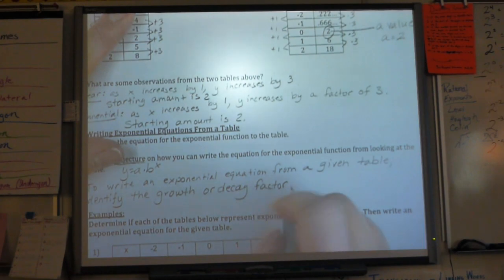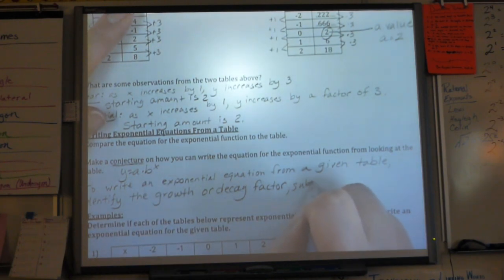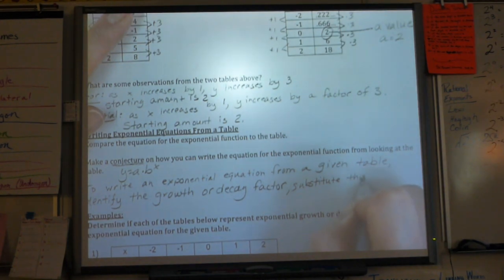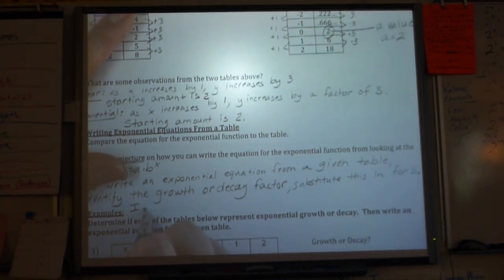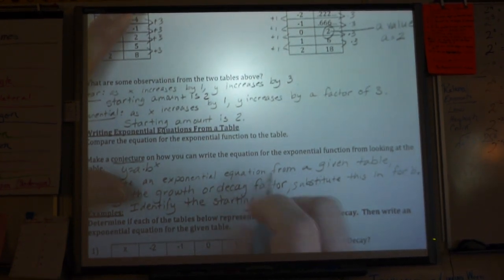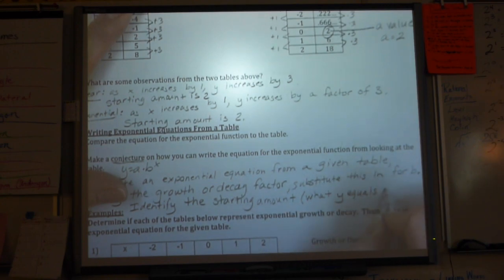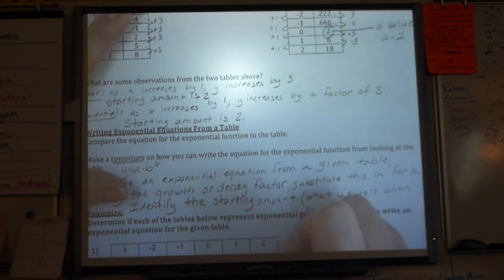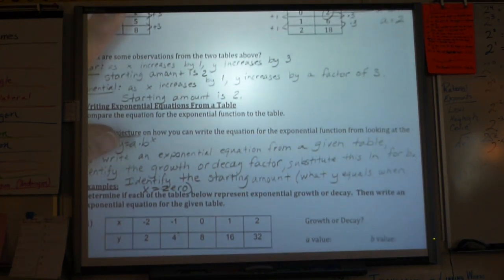Substitute this in for B. Then identify the starting amount, or what y equals when x is 0. And substitute this in for A.